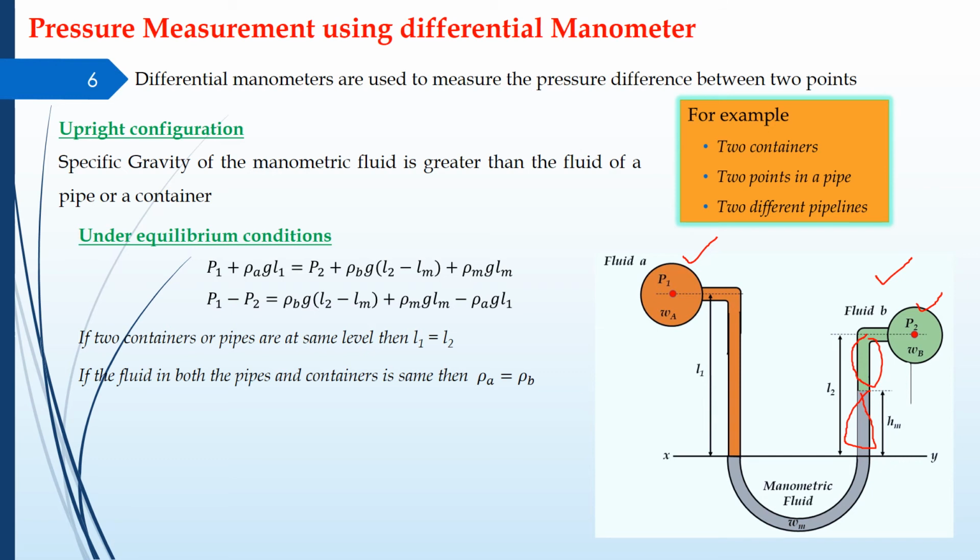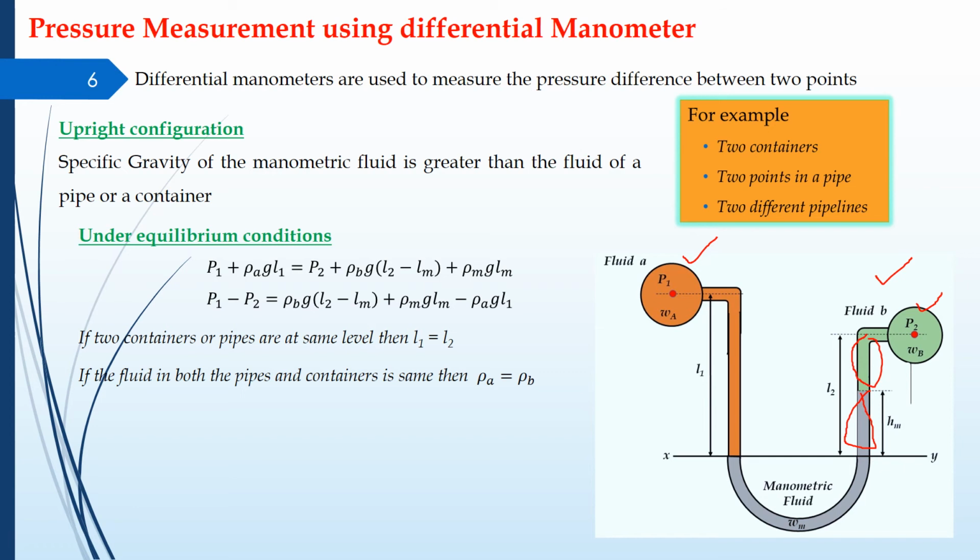So P2 plus rho B, where rho B is the density of fluid B, times g multiplied by L2 minus L1, because we are interested in this length only, plus rho m g into Lm. If we rearrange this equation, P1 minus P2, the difference in pressure between these two pipes, will be given by this formula: rho B g times L2 minus Lm plus this term.